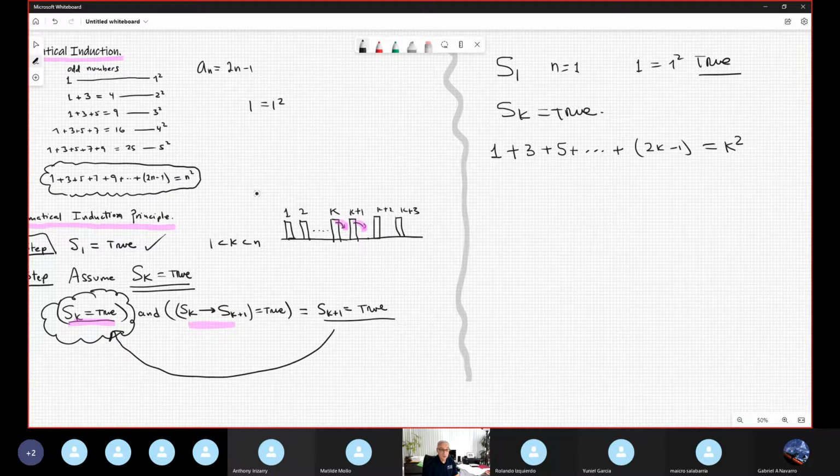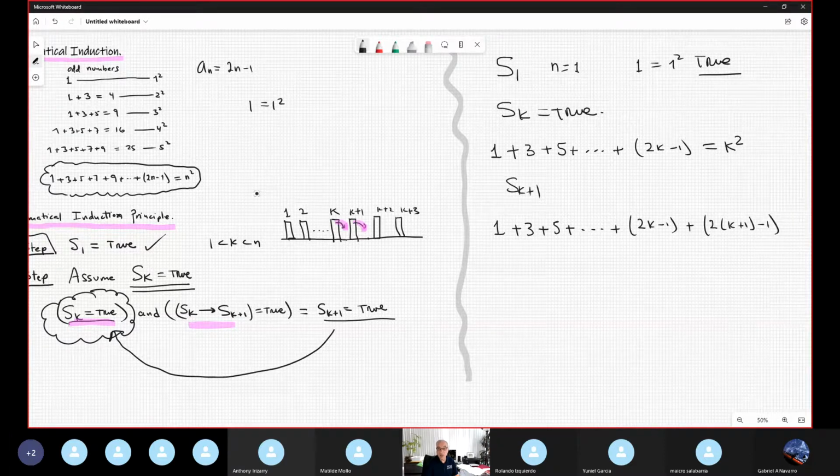I need to prove that if this is true, it implies A sub k plus 1. How do you find A sub k plus 1? Well, let's do it: 1 plus 3 plus 5 plus ... plus 2k minus 1, plus another term, which is 2 times k plus 1 minus 1.